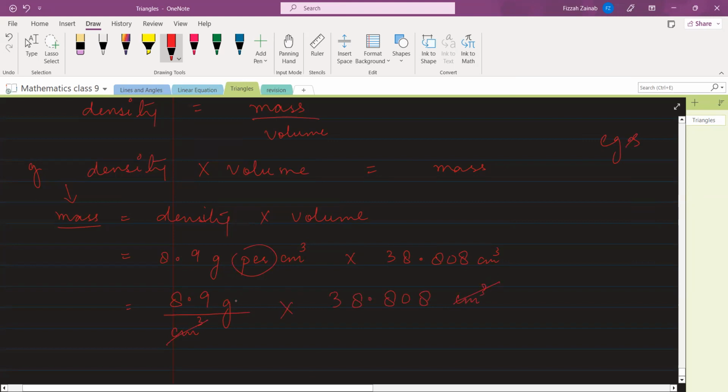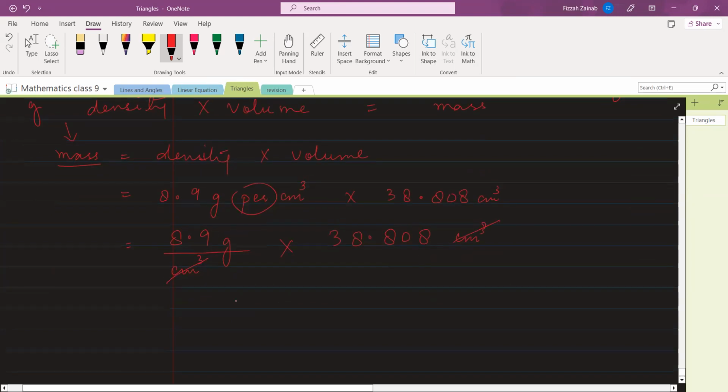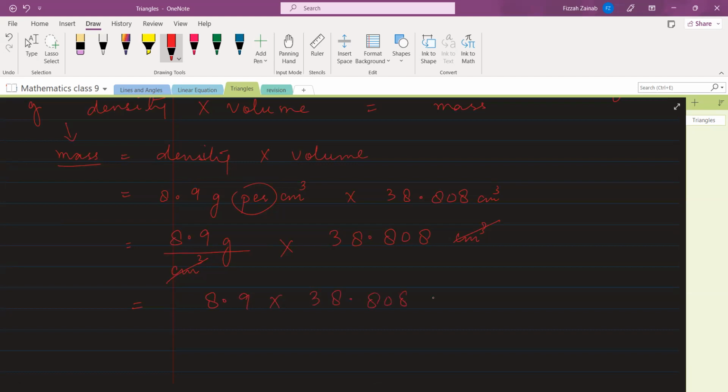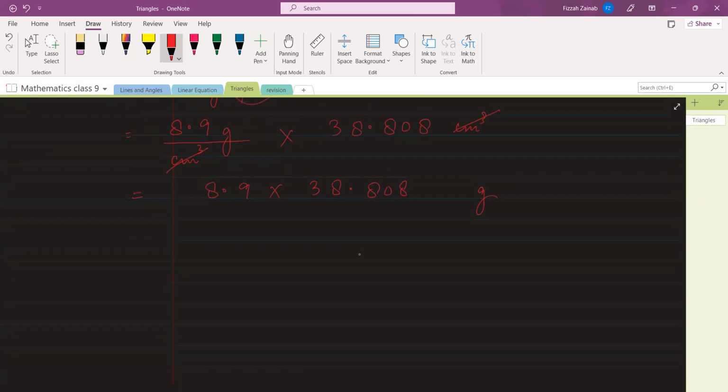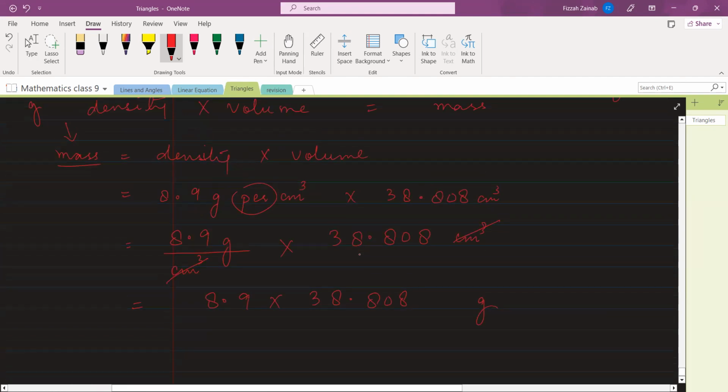So the answer will be in gram. So 8.9 into 38.808 grams. See, it's a little bit of physics here, but anyway, this is going to help you in your higher classes also. In class 11, the first chapter is units and measurement. So you will be dealing with such things there.